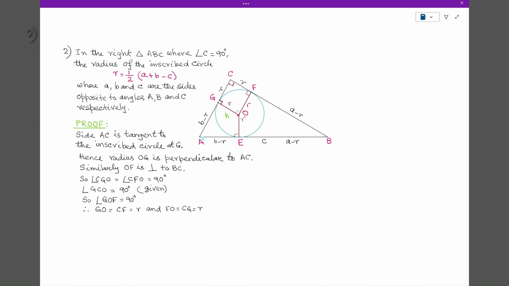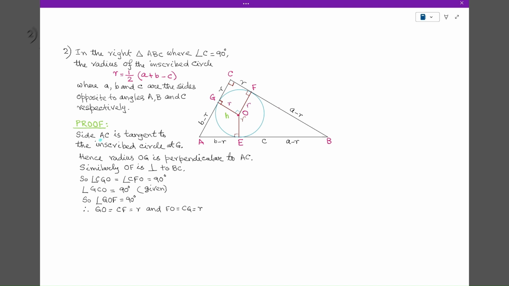Note that AB is opposite to the corner C, therefore it is the hypotenuse because the angle at C is 90 degrees. Now the proof is as follows.